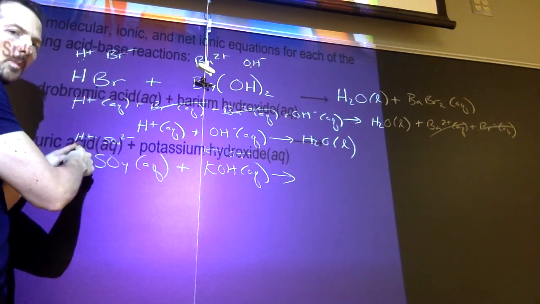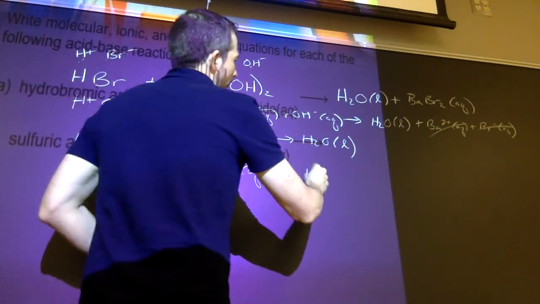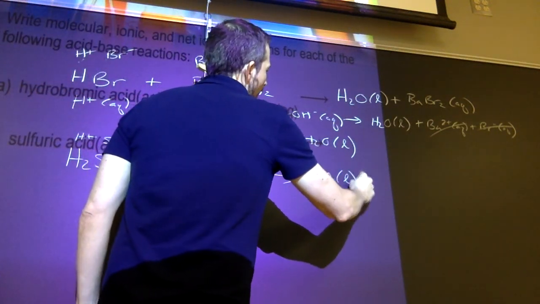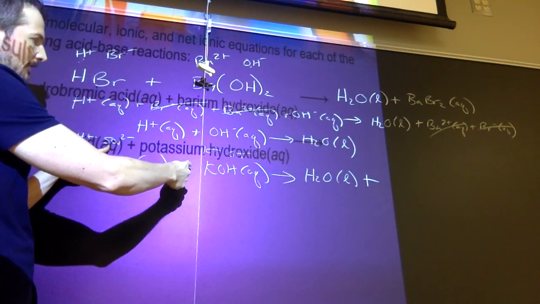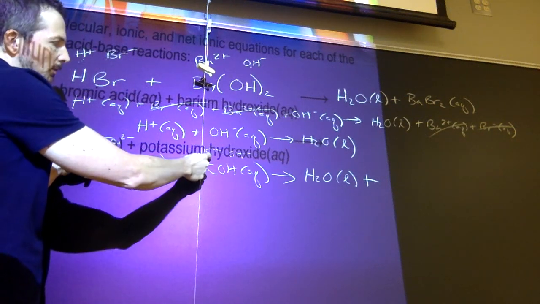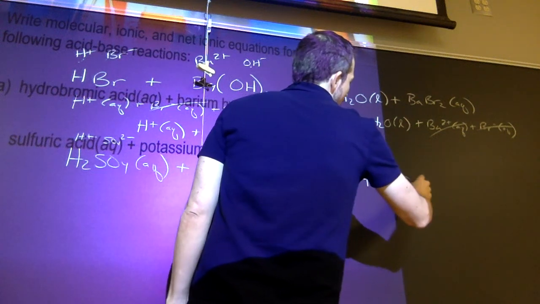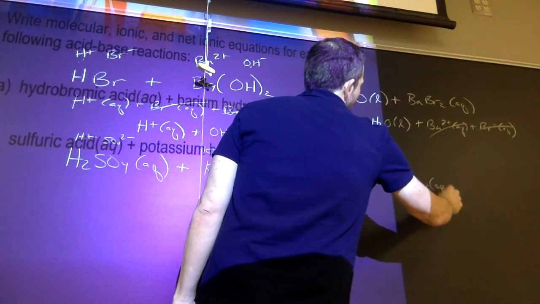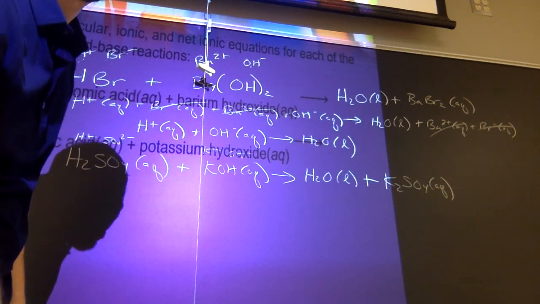So again, I take positive of my first and negative over here, so I get my water. Positive of my second and negative of the first. Here's a K plus, here's a SO4 2 minus. So the formula would be K2SO4 to balance it out. That's my salt. Group 1, so it's going to be soluble.